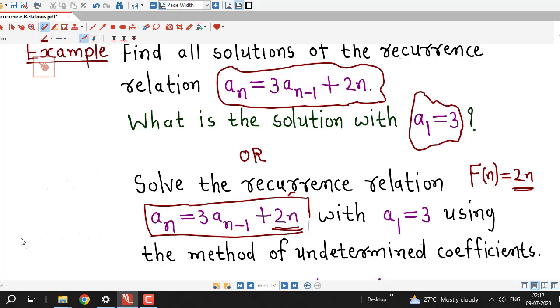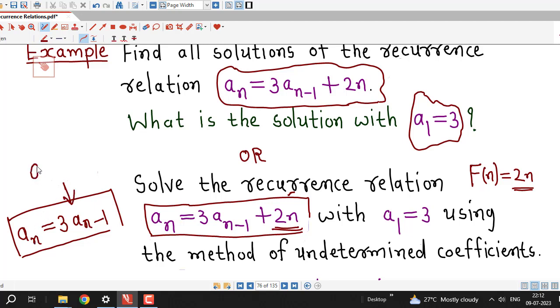So we ignore this term and we write down the corresponding homogeneous recurrence relation, which is an equal to 3 times an minus 1. This is the associated homogeneous recurrence relation to given recurrence relation, and we find out general solution of this recurrence relation, and that we will denote by this notation ANH.